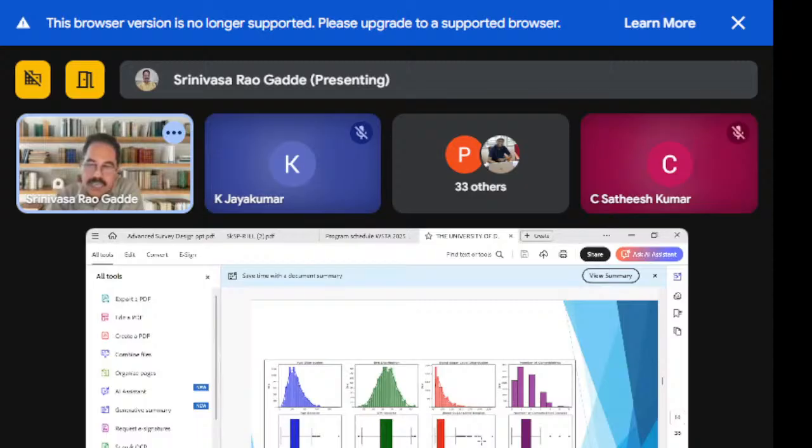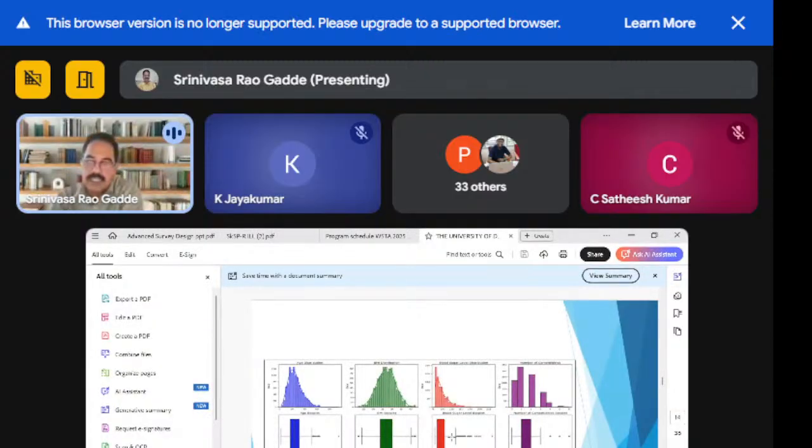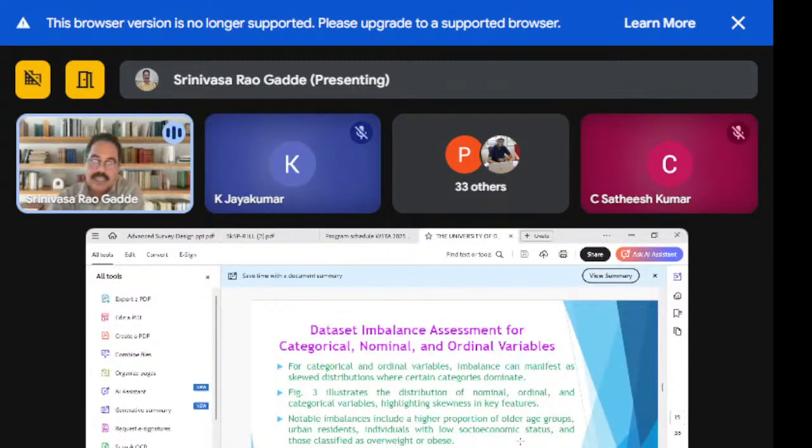So it affects the model performance, requiring careful handling through normalization and resampling techniques, especially for these two variables, one is sugar and the other is comorbidities. So for that reason, we have to handle the imbalance in the data.